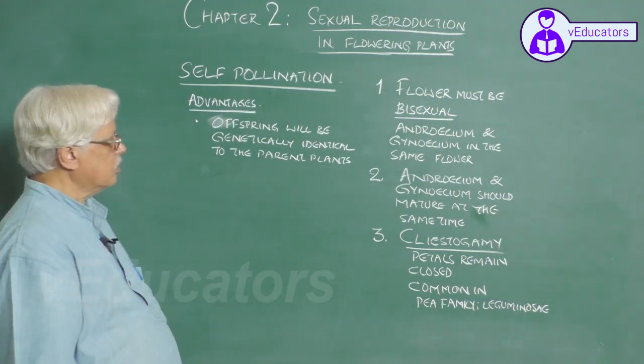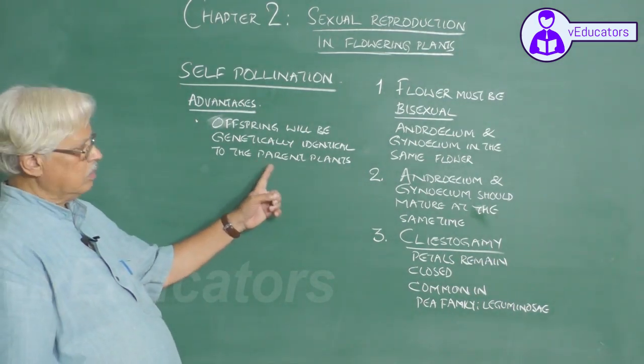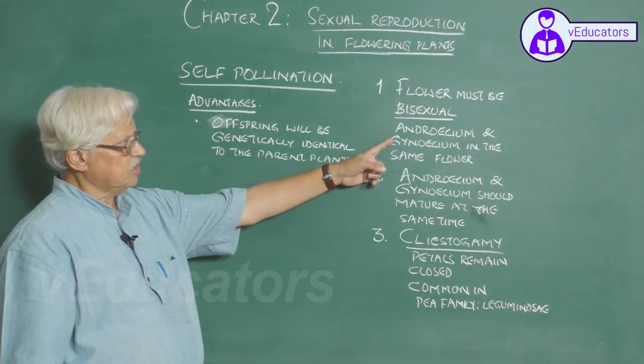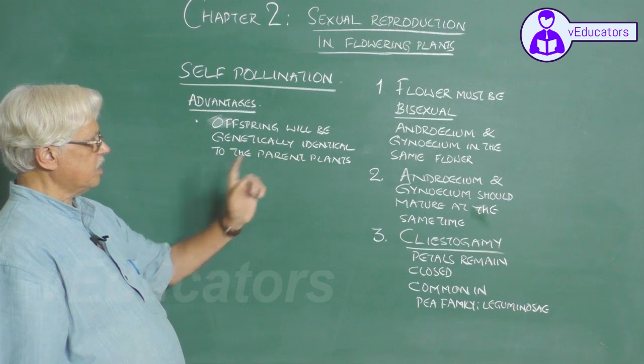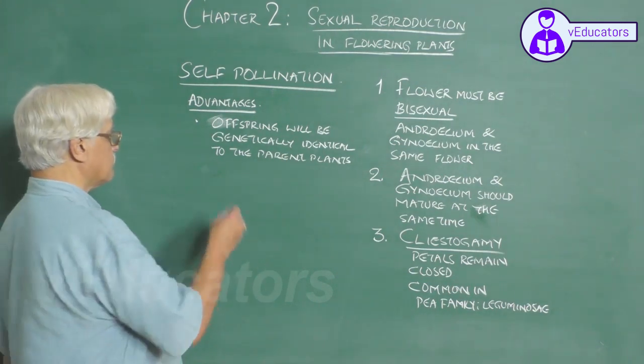Since the same flower is involved with its androecium and gynoecium, offspring will be genetically identical to the parent plants.